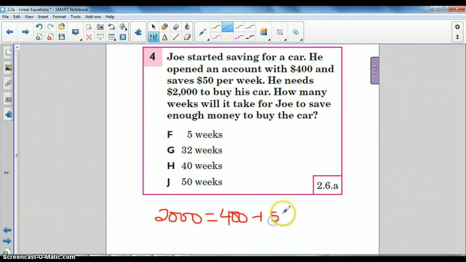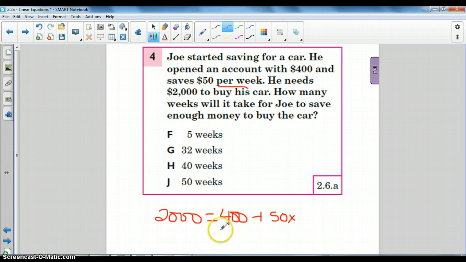Anytime you see per week, per day, per anything, think multiplication. That's your rate of change, and that's what you multiply times x, and we have to figure out x. So whenever you see per week, it's going to be 50x. If it's per day, it's that times x. That's your rate of change, your slope.